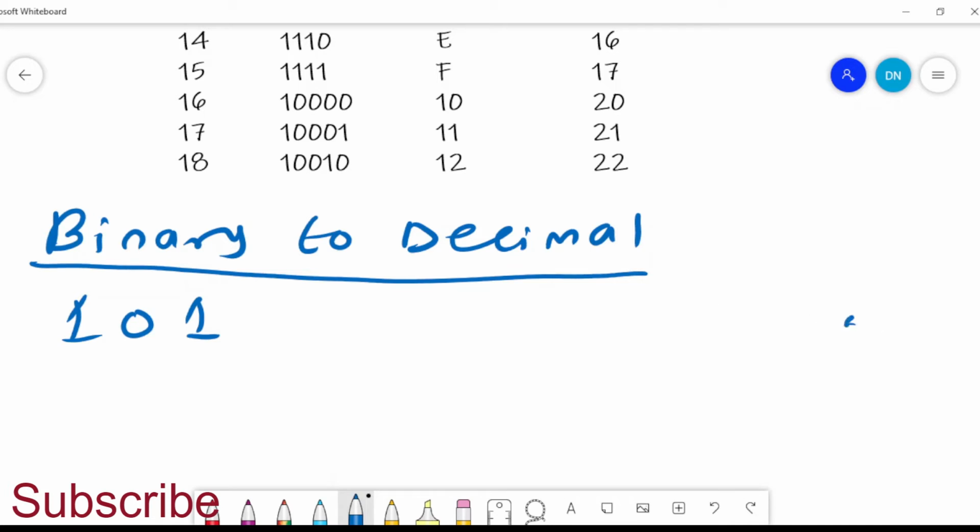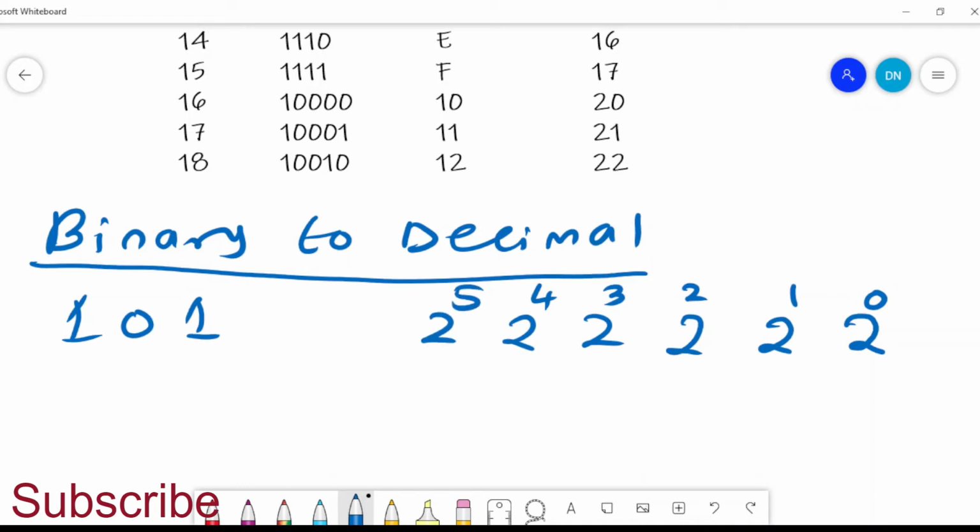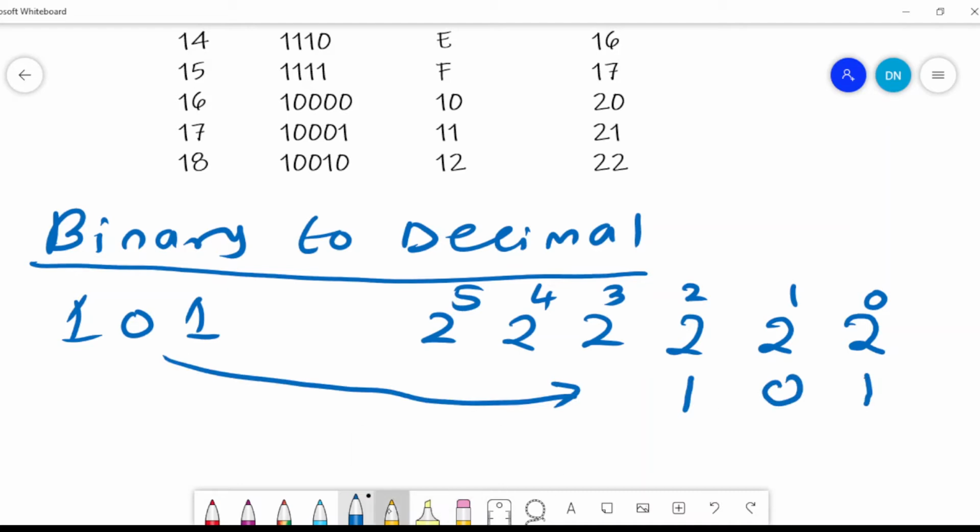Starting from your right hand side, it's normally 2 to power 0, 2 to power 1, 2 to power 2, 2 to power 3, 2 to power 4, 2 to power 5, and the list goes on. So for example, whenever there is a 0, it means that that bit is turned off. That means that value will automatically be equal to 0.